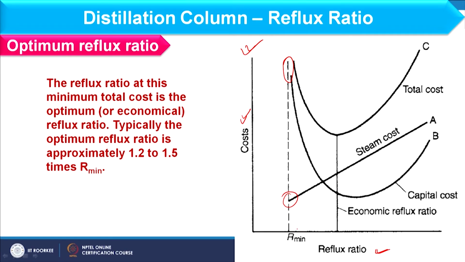And as we move further from the minimum reflux ratio, we can find that the number of stages will keep on decreasing. And when I am having total reflux, the number of stages will be minimum, right. So, in this way, if this is the total reflux, we can find the minimum number of stages, and the capital cost due to the number of stages will be least.